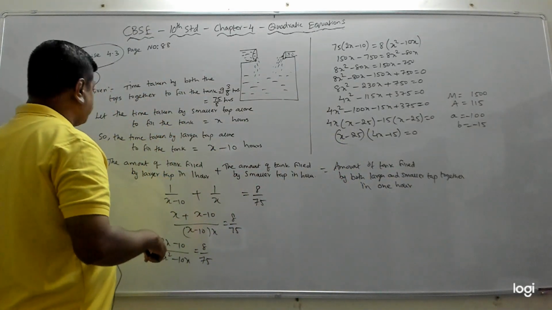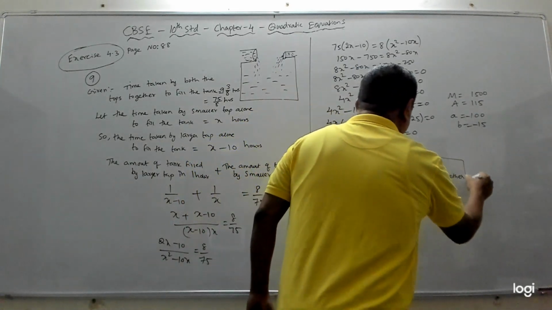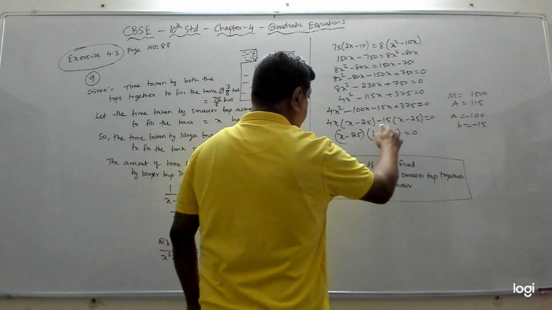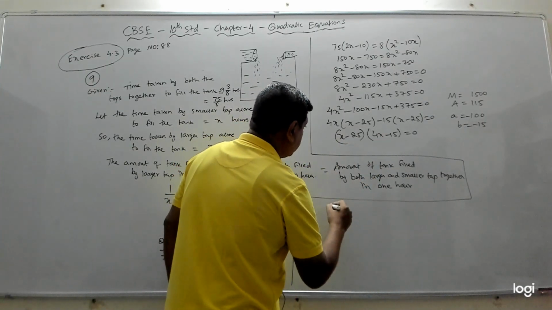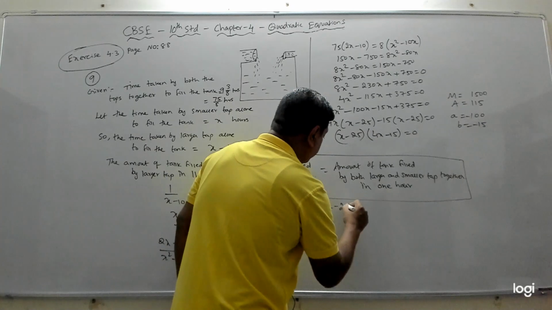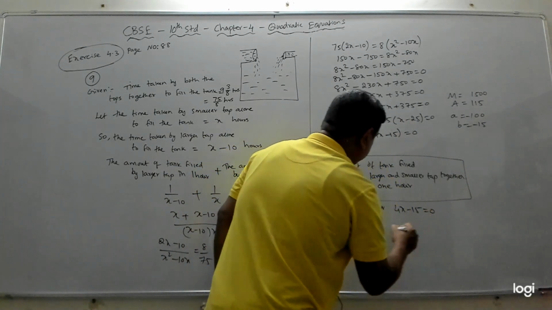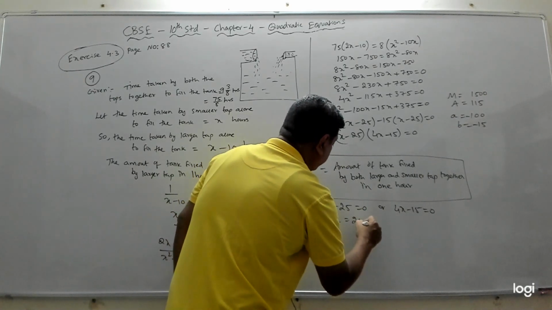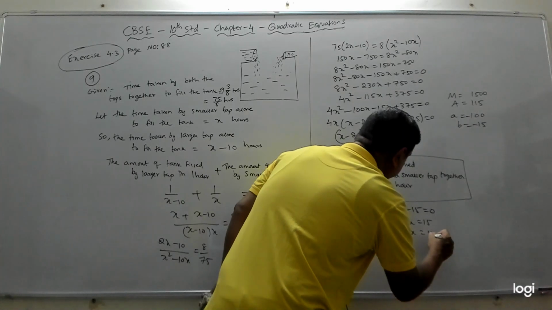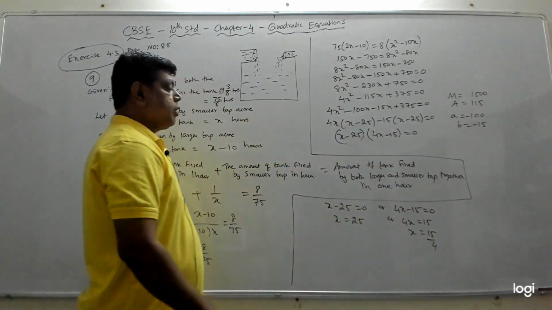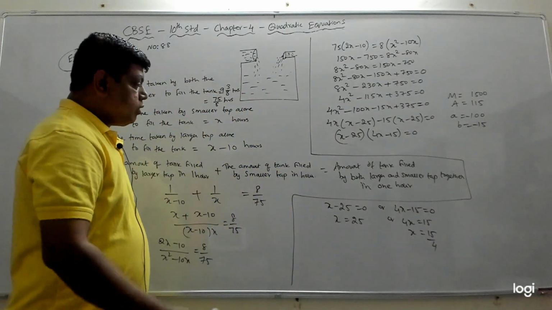So we get to that form, and I will continue here. Which is x minus 25 equal to 0 or 4x minus 15 equal to 0. So this gives you x is equal to 25 or 4x is equal to 15, x is equal to 15 by 4. Now we got two values for x, either x is 25 or x is equal to 15 by 4. Now we have to take both the cases.